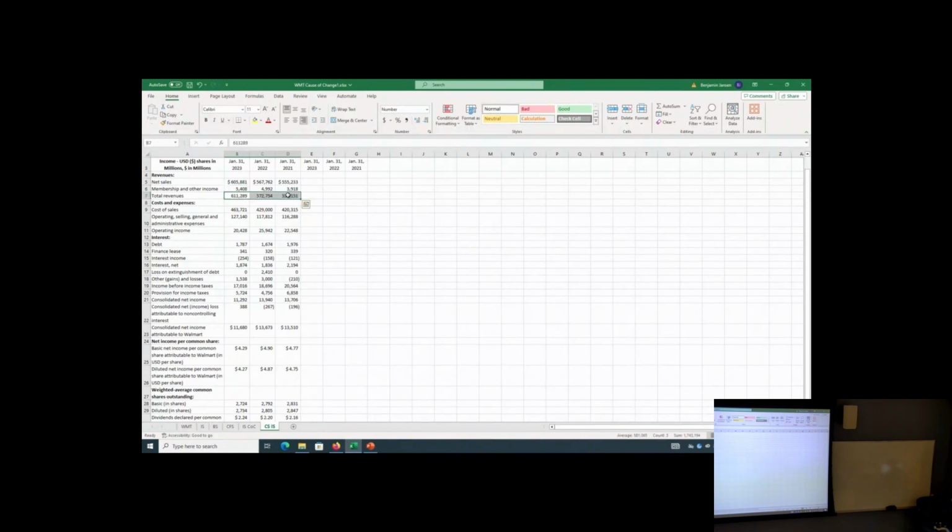Total revenues. All right, so why are we going to focus on total revenues rather than expanding net sales and membership? Why are we scaling by total revenues rather than net sales or membership income?